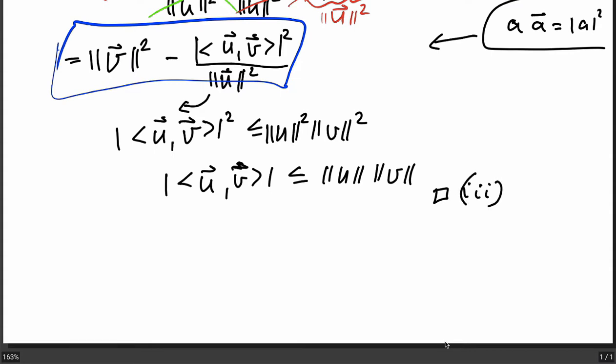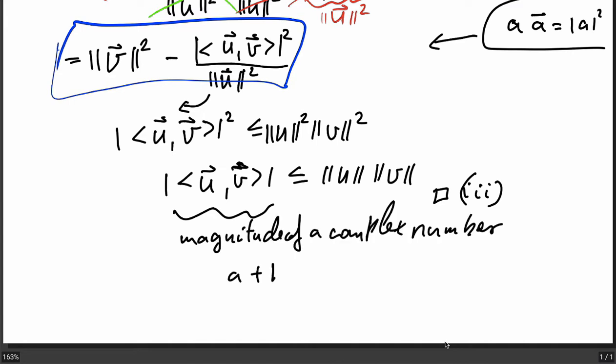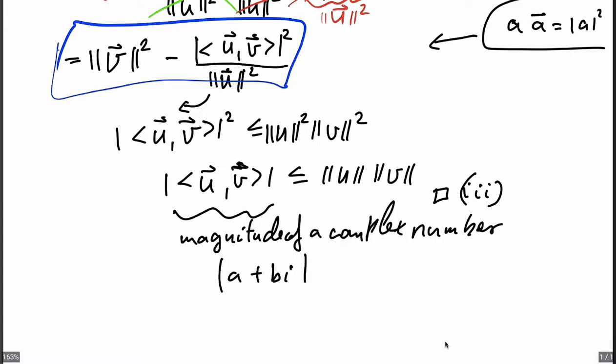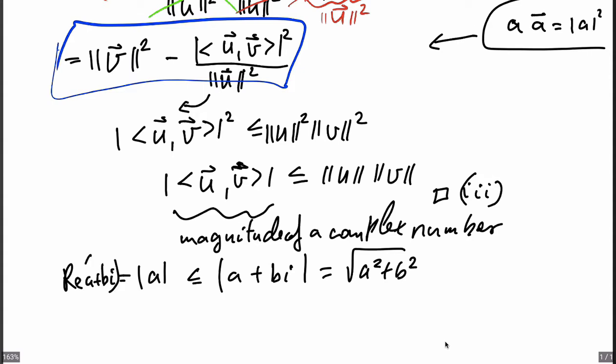Let me add that sometimes we also use the fact that this is a magnitude of a complex number. So for example, if we have a plus bi, its magnitude is the square root of a squared plus b squared, and this is greater than or equal to the absolute value of a, which is the real part of a plus bi.